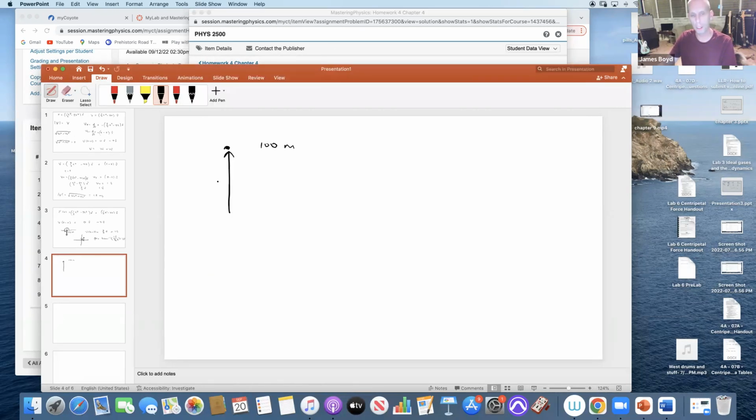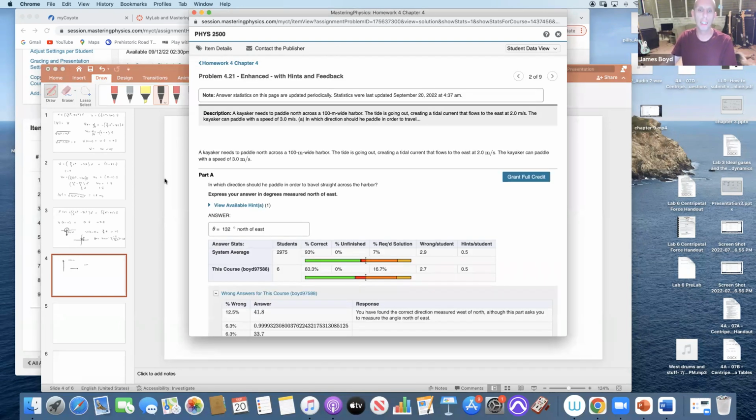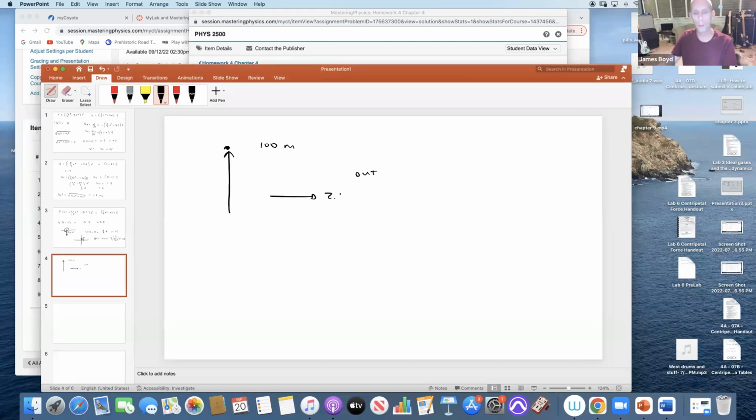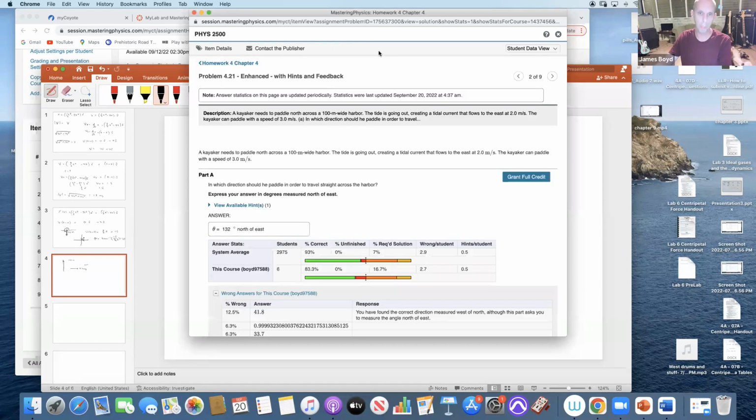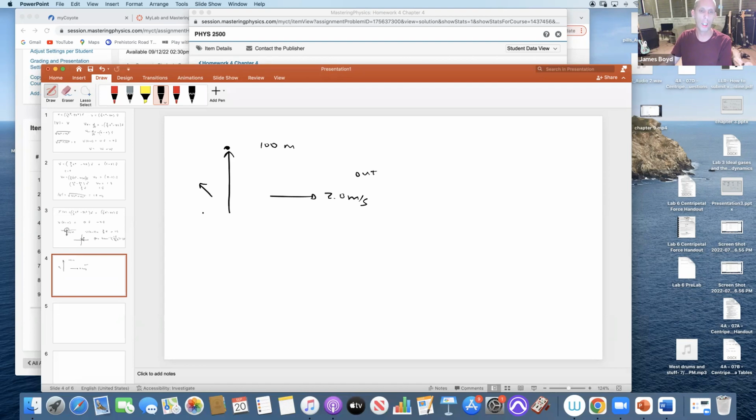That's where they want to get to. However, there is a velocity outward of 2.0 meters per second. And we want to know in what direction should they travel to travel in a straight line.